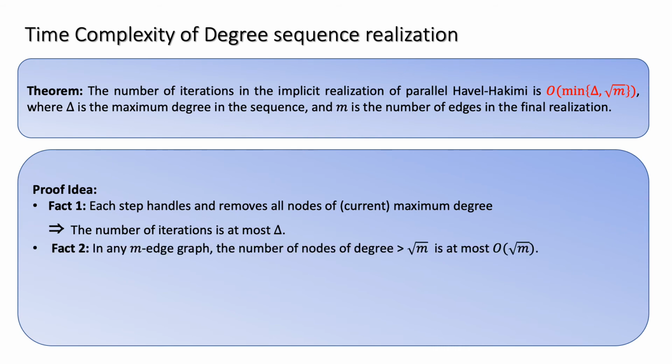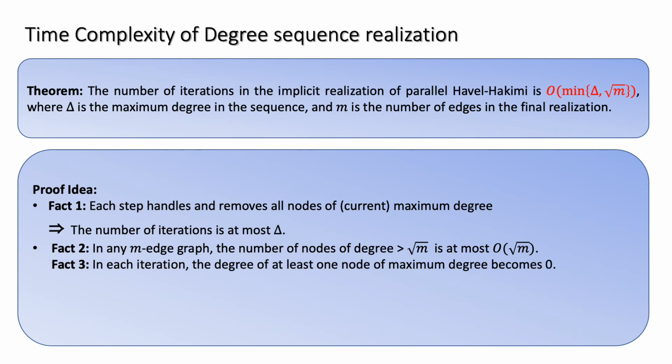Fact 2. In any m-edge graph, the number of nodes of degree larger than sqrt(m) is at most O(sqrt(m)), just by a counting argument. In each iteration, the degree of at least one node of maximum degree becomes 0.